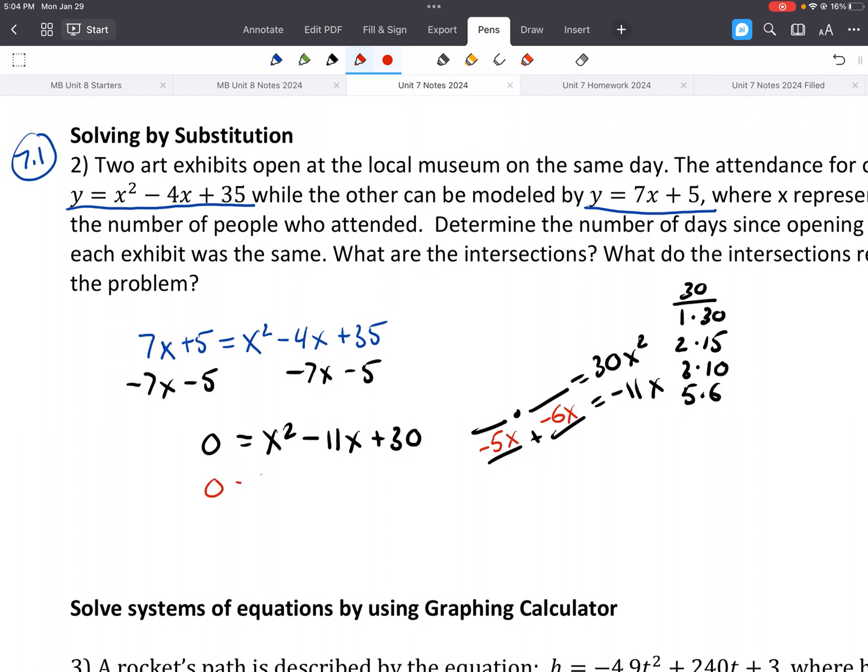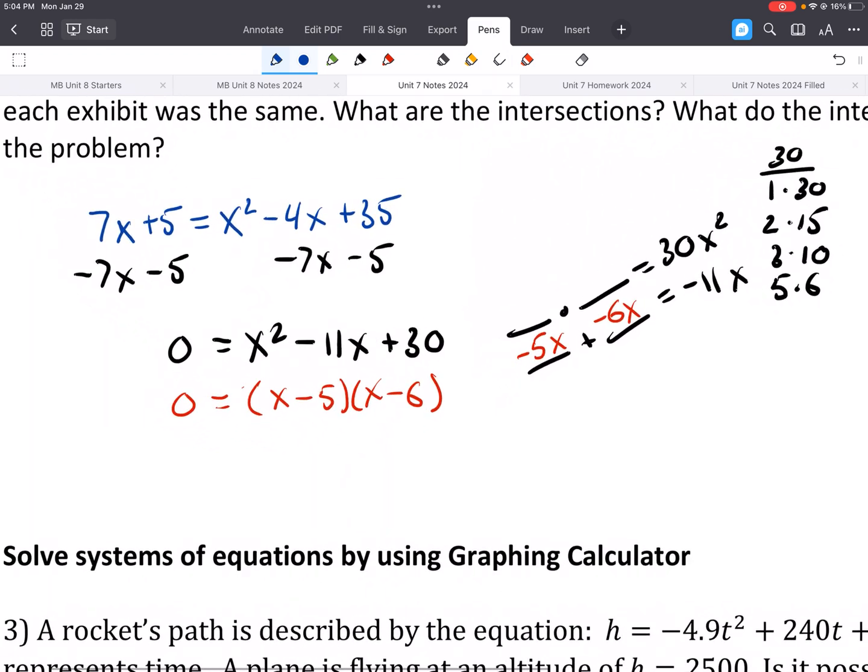So our equation in intercept form would be x minus 5 and x minus 6. So then again, we find our two solutions, our two x values that would make the equation be equal to 0. So this would have to be x equals 5 and x equals 6.